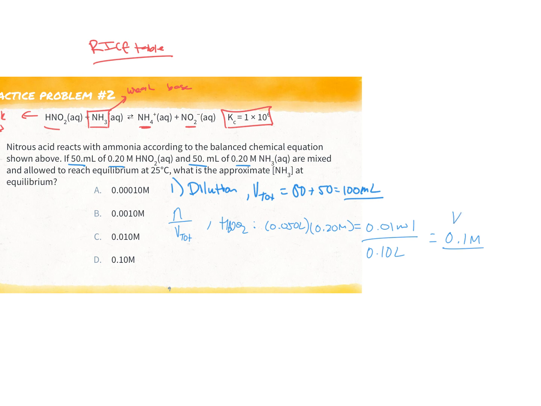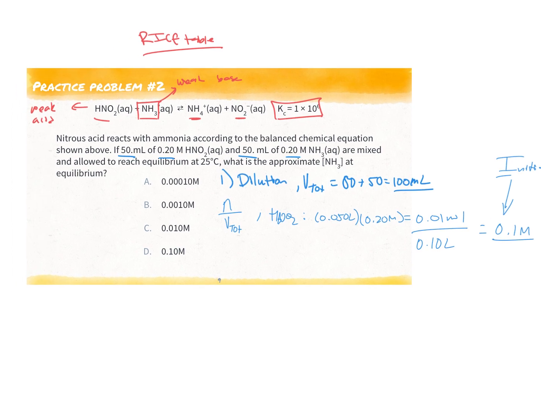And so this is I. This is the initial concentration that we're going to use in the Rice table. You don't use this because that is before mixing. You use after mixing. And so once you've done that, now we can actually use our Rice table.